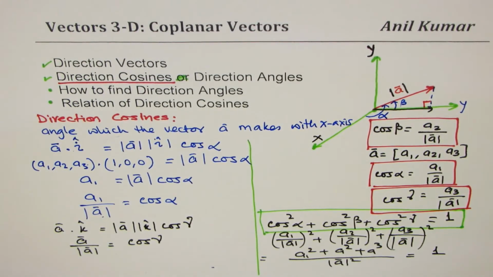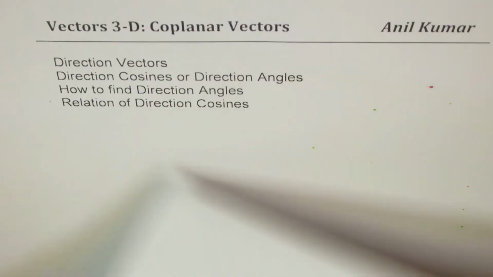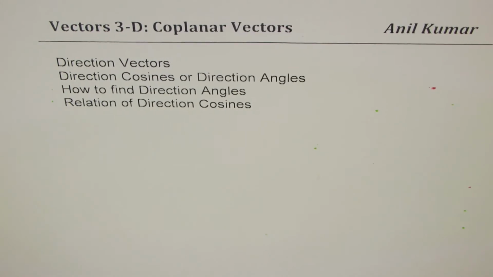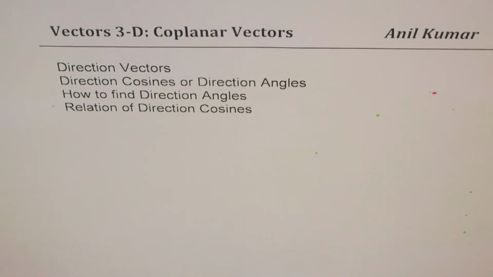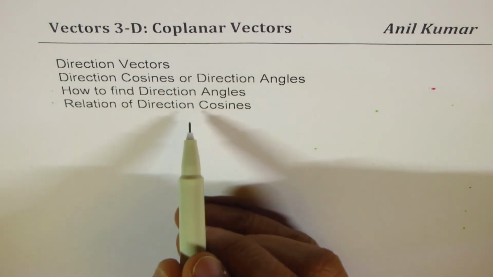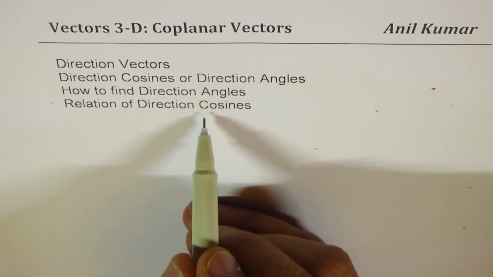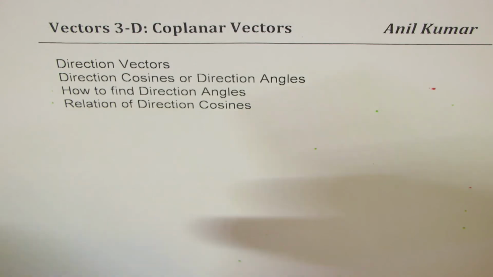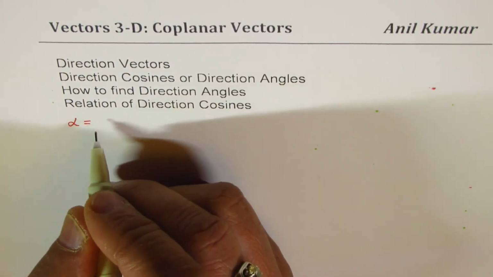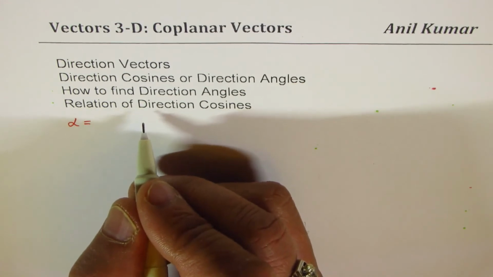Now based on this, let's take an example to further understand direction angles and direction cosines. So let us say that we are given direction angles alpha, beta, and we need to find the angle gamma.